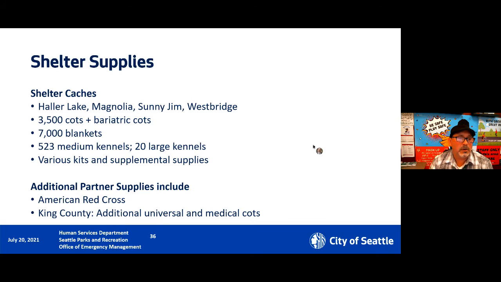Each cache holds about 3,500 cots plus bariatric cots, about 7,000 blankets, 523 medium kennels, 20 large kennels for animals, and a variety of kits and other supplemental supplies. Additional partners that could help us with the supplies could be the American Red Cross and King County that could bring in some universal and medical cots as well.